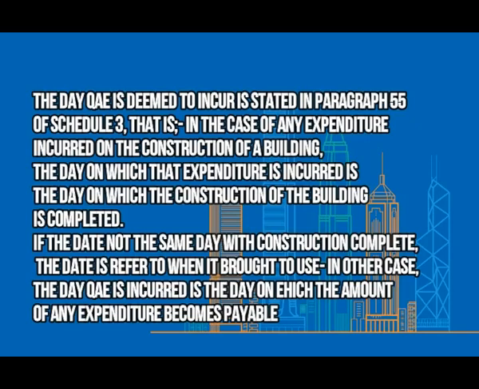If the date is not the same day as construction complete, the date referred to is when it is brought into use. In other cases, the day QAE is incurred is the day on which the amount of any expenditure becomes payable.